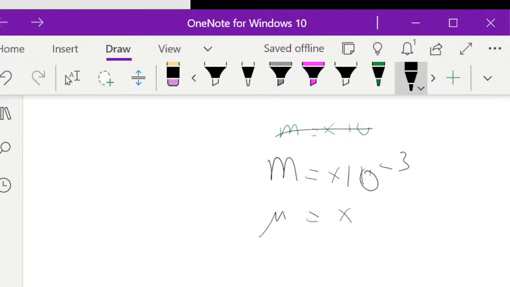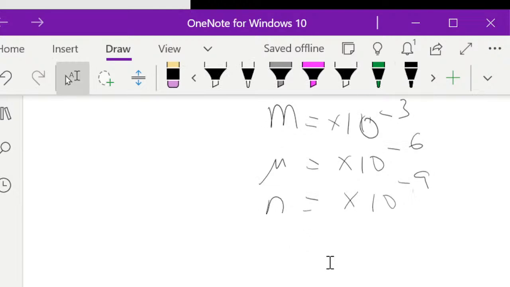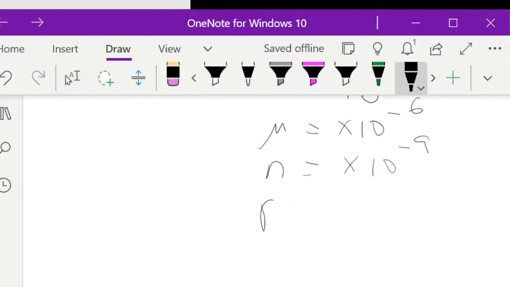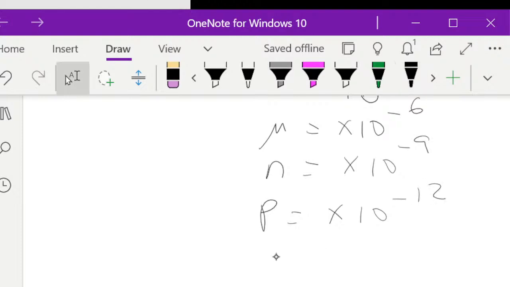Micro is times 10 raised to minus 6. Nano is times 10 raised to power minus 9. Pico is times 10 raised to power minus 12, and femto is times 10 raised to power minus 15.